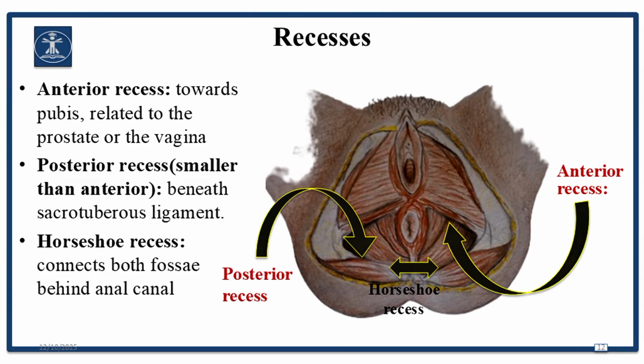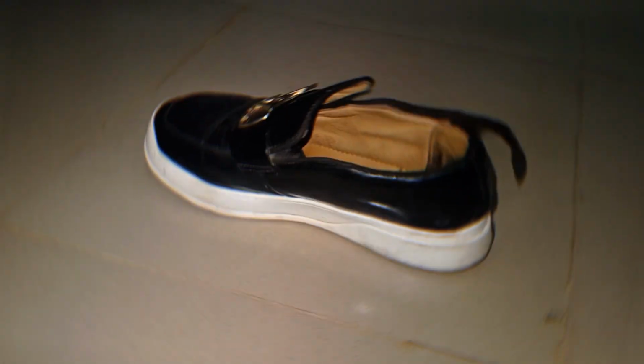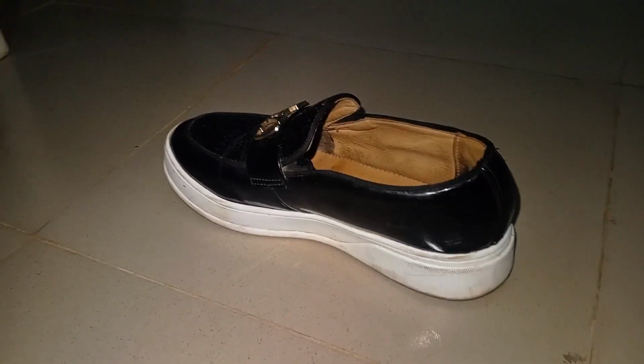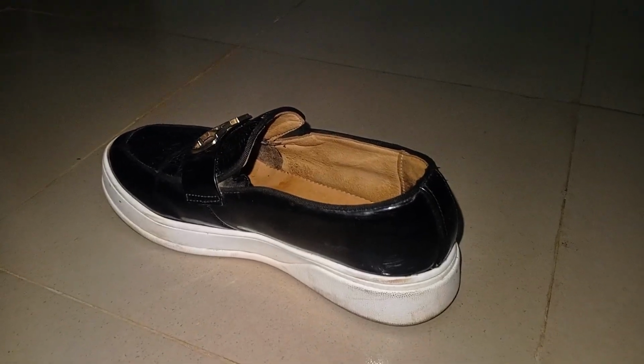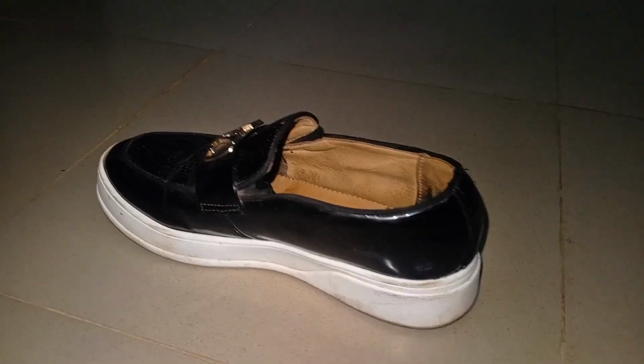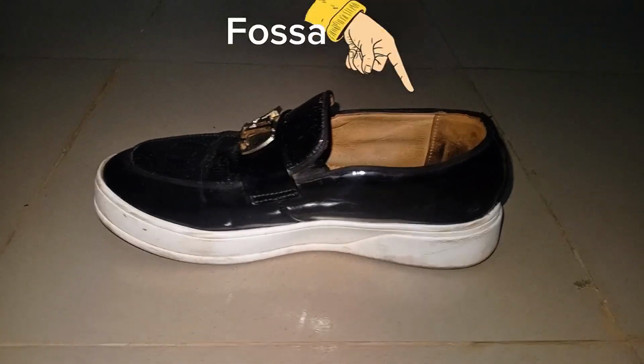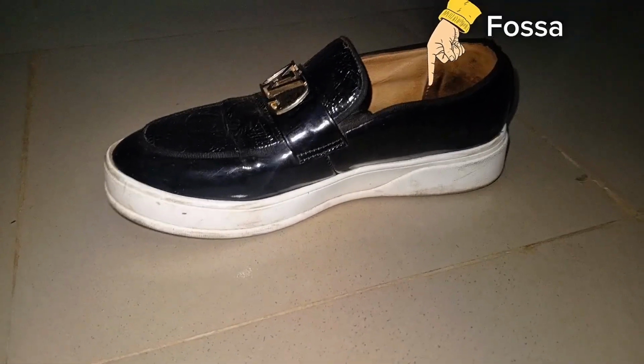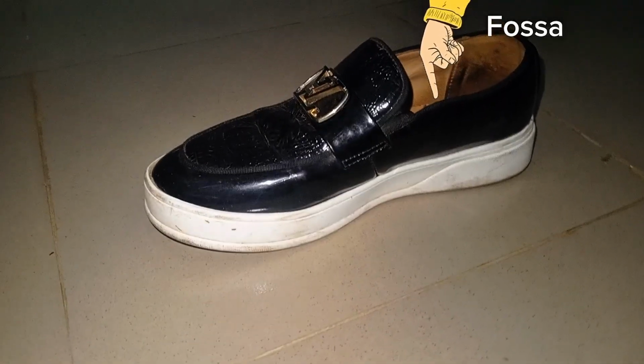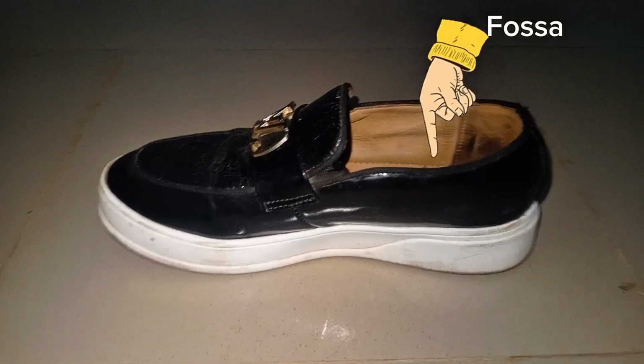I'm going to use an analogy to describe what a recess means. Now, I'm going to refer back to the use of a shoe. In a shoe, there is a part where the heel will be sitting. Think of that part as the Ischioanal Fossa, while your leg will form the fat that is inside.